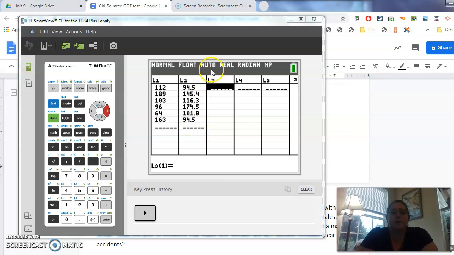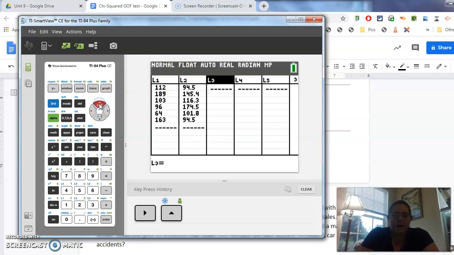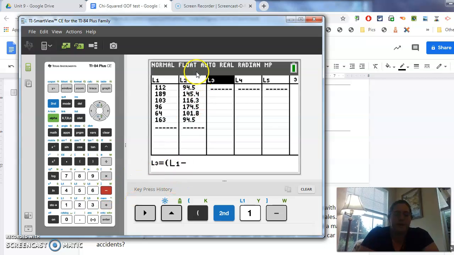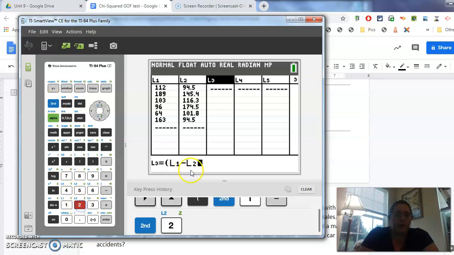So now I'm going to use the list feature to basically do that math for me. I'm going to go up to L3, so I'm highlighting L3, and this is where I'm going to type my equation basically. So I'm going to start with the parentheses, and then I want observed. Well, my observed values are in L1, so I'm going to do second 1, so it says L1, minus, and then I need expected. My expected values are in L2, so I'm going to do second 2, and that gives me L2.